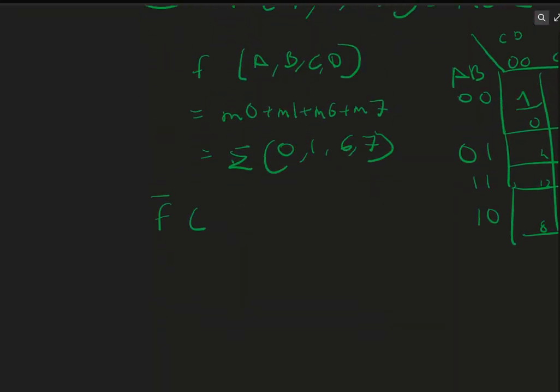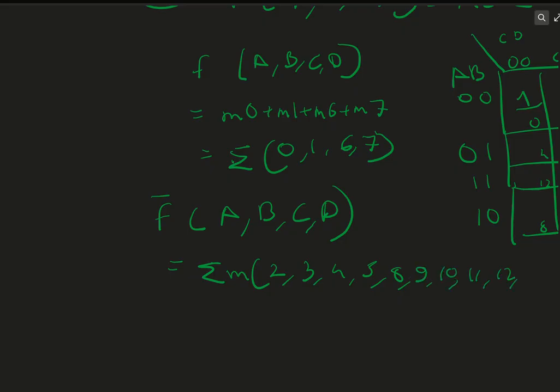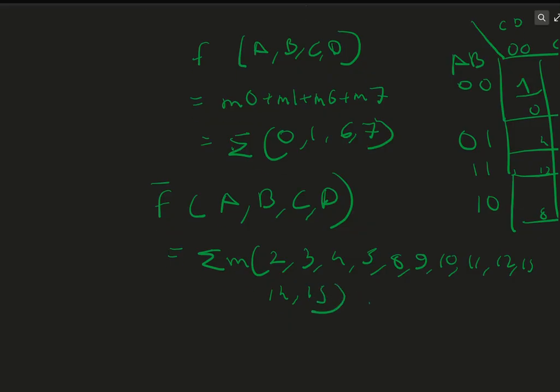So for f prime, it's the same: the max terms of f prime equal the min terms of function f. So it's just the summation of 2, 3, 4, 5, 8, 9, 10, 11, 12, 13, 14, 15. That's it.